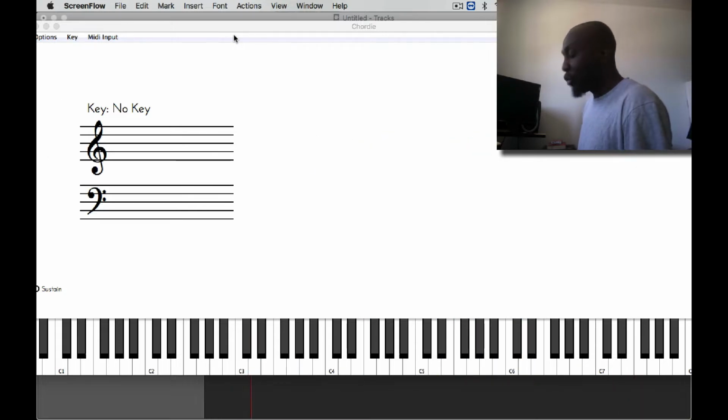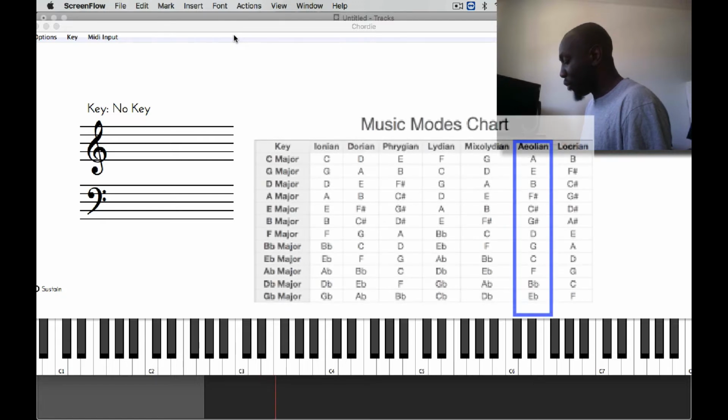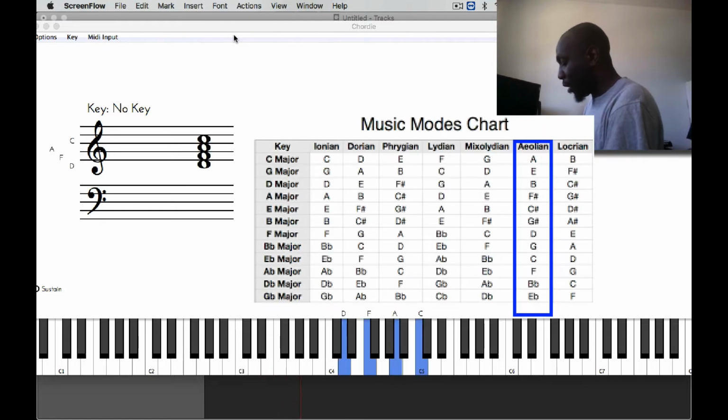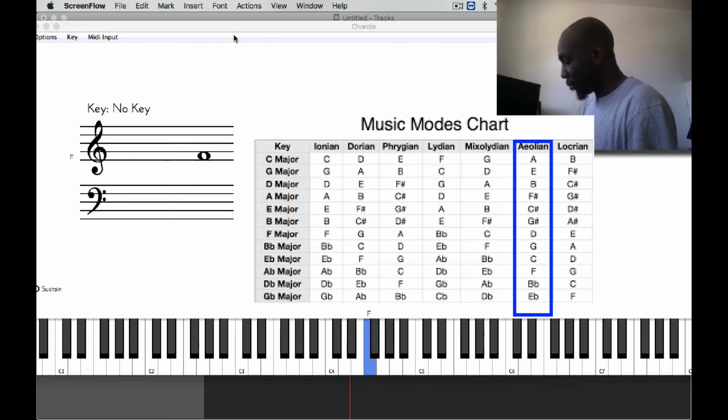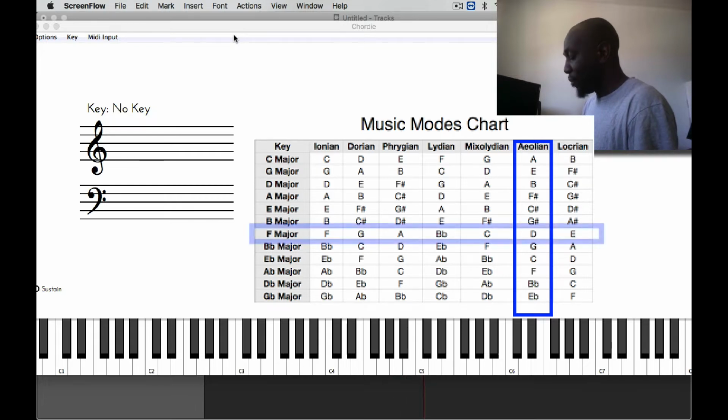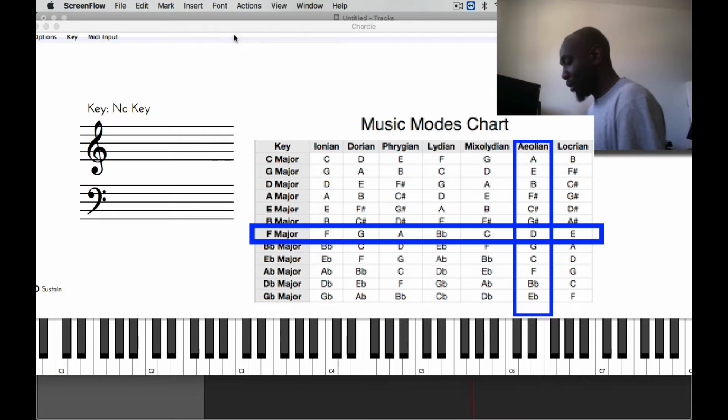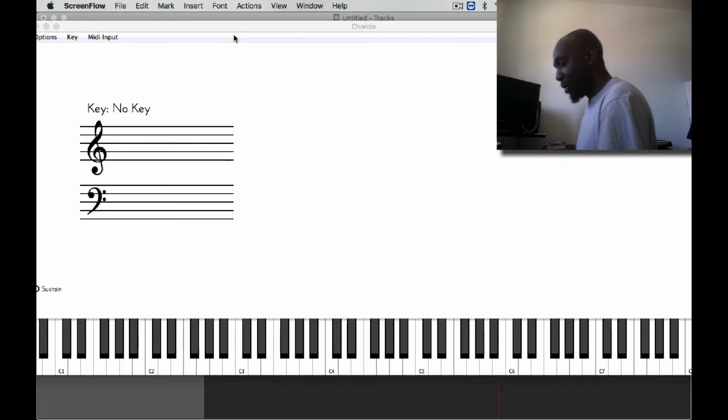Now let's say I want to try a different mode. Let's say I want to try natural minor or the Aeolian mode. So technically, I'm also thinking that I'm in the key of F. So now let's try that same chord.